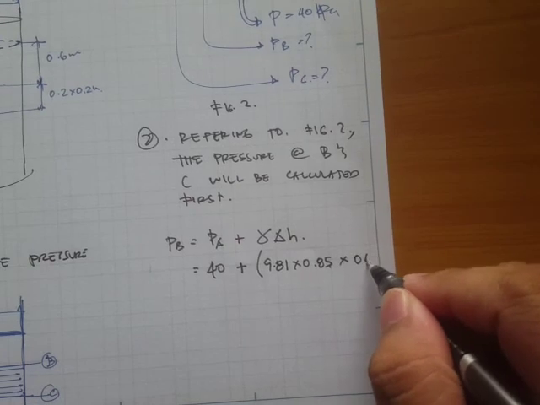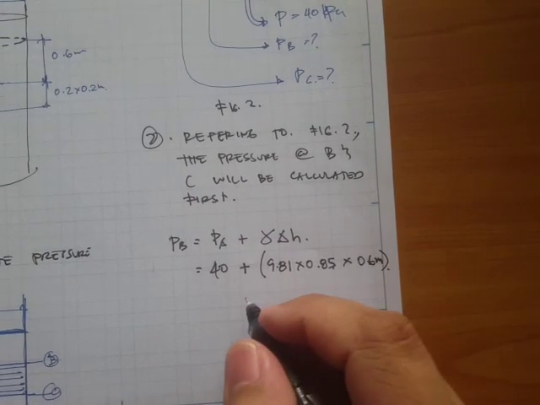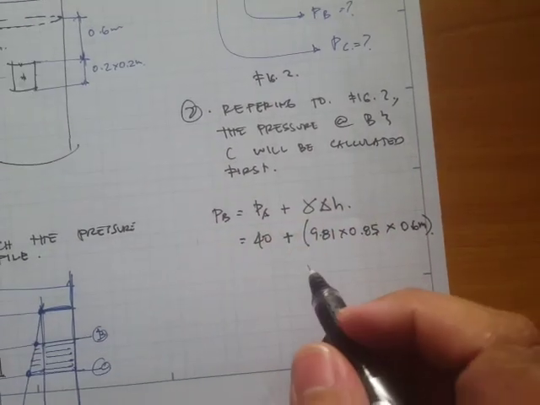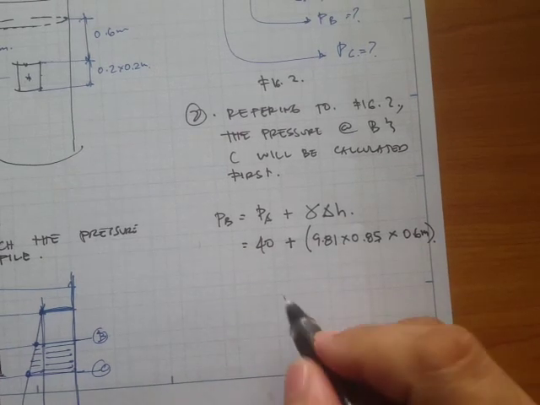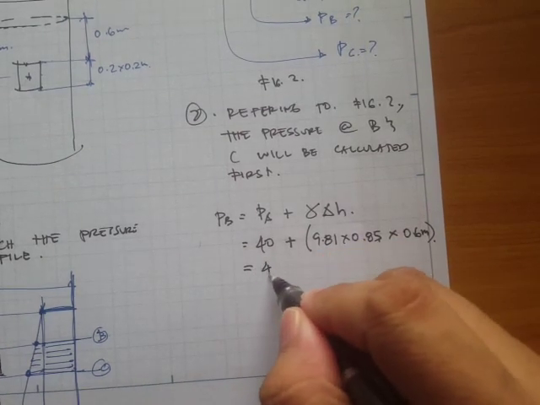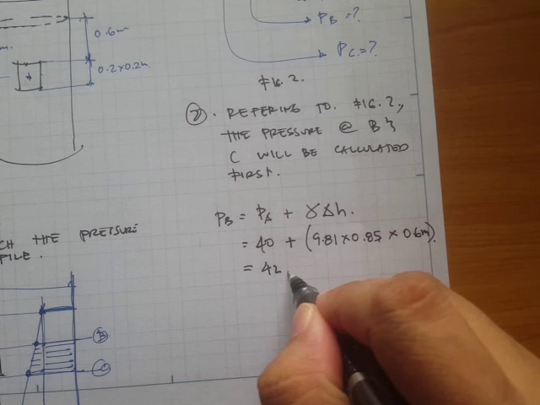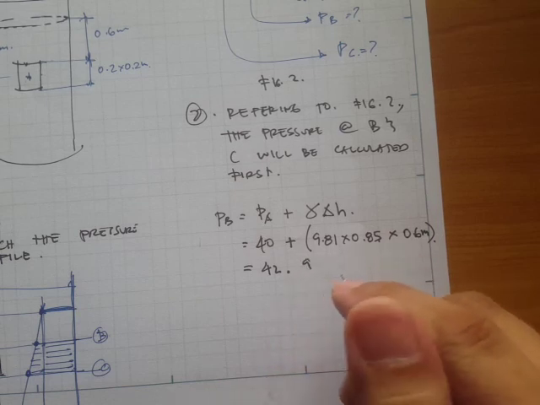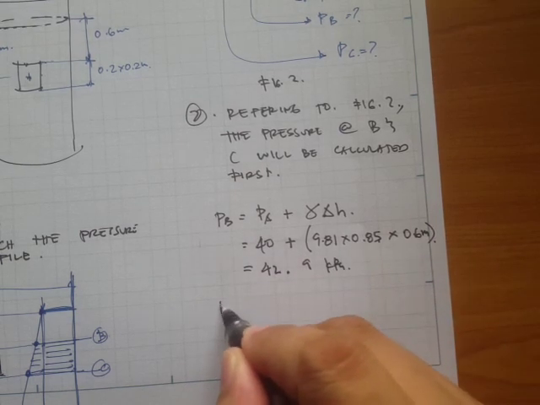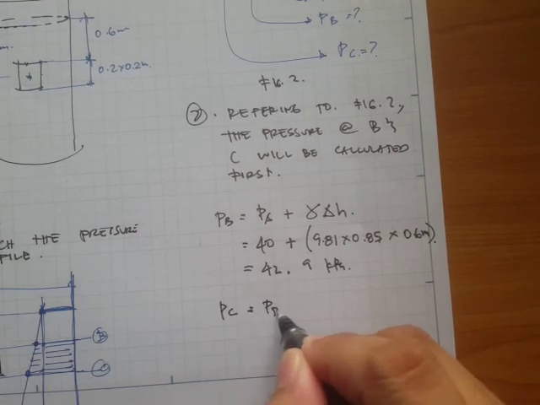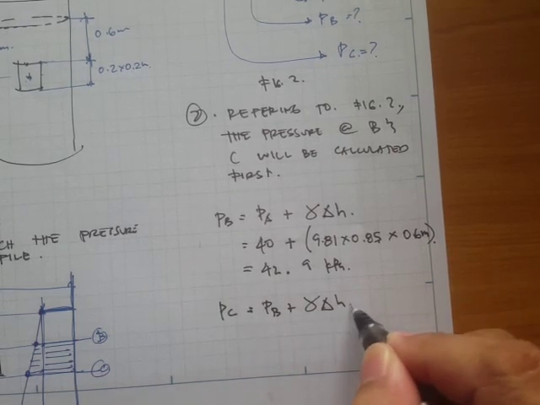Okay, times 0.6 meters. Okay, so if we do the math, what we get is 42.9 kPa, and PC is equal to PB plus this one.